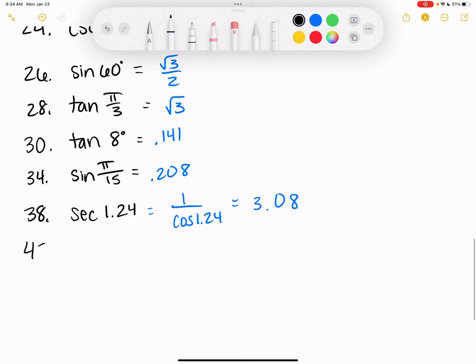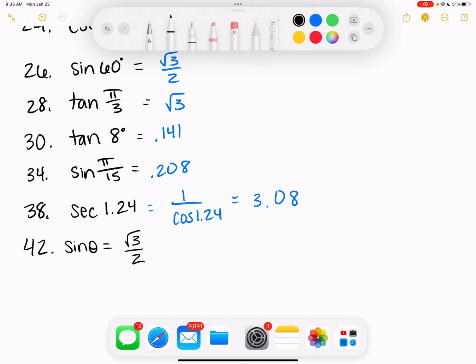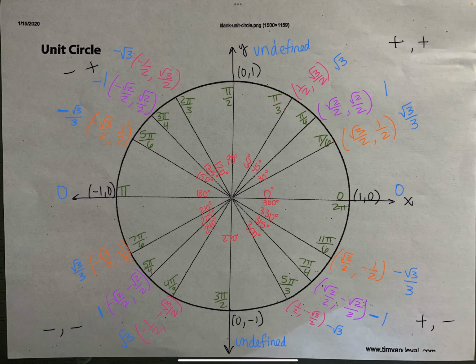So 42, we have the sine of theta is equal to the square root of 3 over 2. So we go over to our unit circle. Where is sine of theta equal to the square root of 3 over 2? Pi over 3.